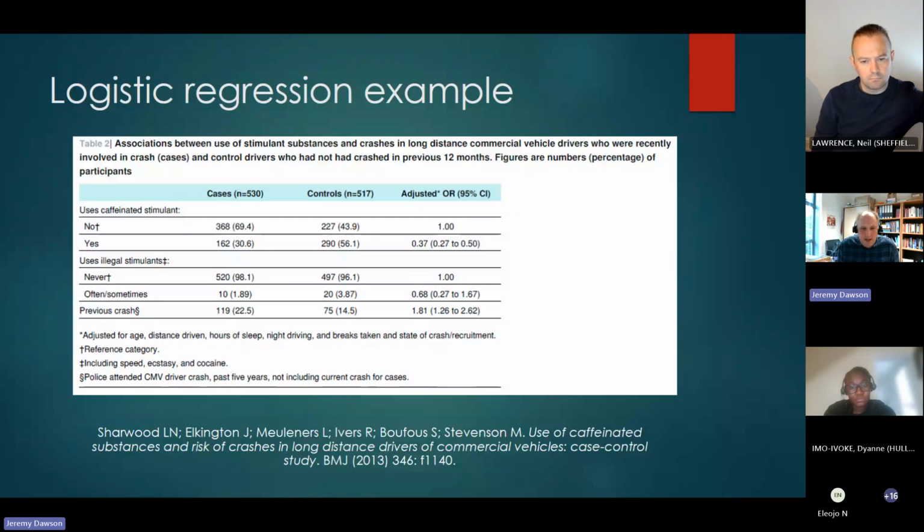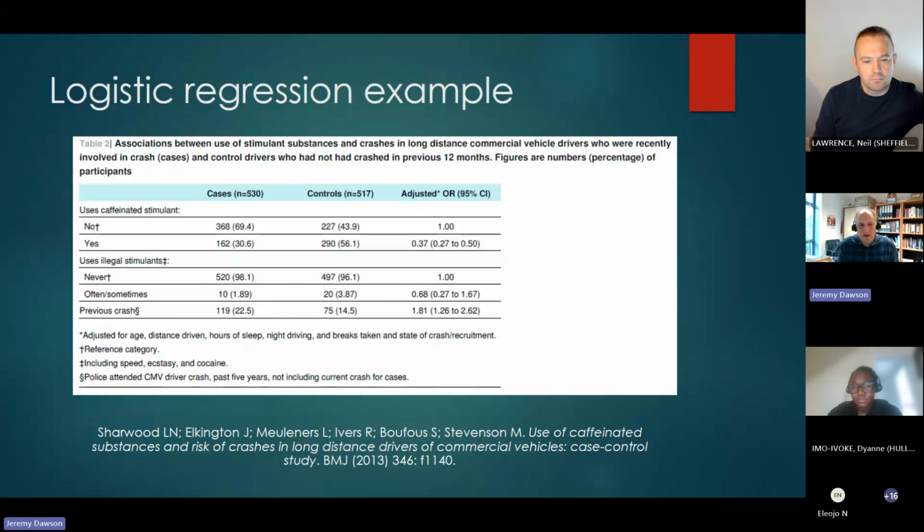But the thing that we're looking for here is the adjusted odds ratio on the right hand side, which tells us that, for example, the use of a caffeinated stimulant, we see in the yes row there, that has an odds ratio of 0.37, and the adjusted bit just means once the other variables are taken into account, meaning that people who use a caffeinated stimulant have odds of a crash which are about 0.37 the times of those who don't.